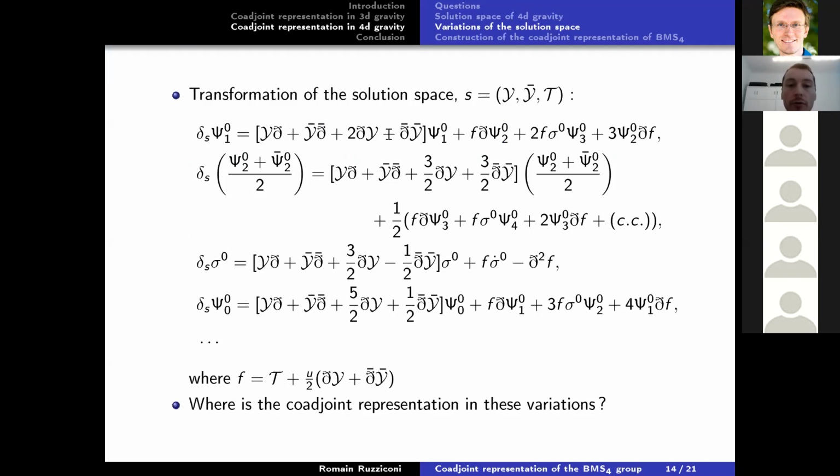So here you have the variation of the angular momentum, the variation of the mass, the variation of the asymptotic shear, and finally here, the variation of all these towers of subleading terms that appear in your solution space. Here I just wrote the leading term variation. So now the question that we addressed is: where is the coadjoint representation in the transformation of this solution space?